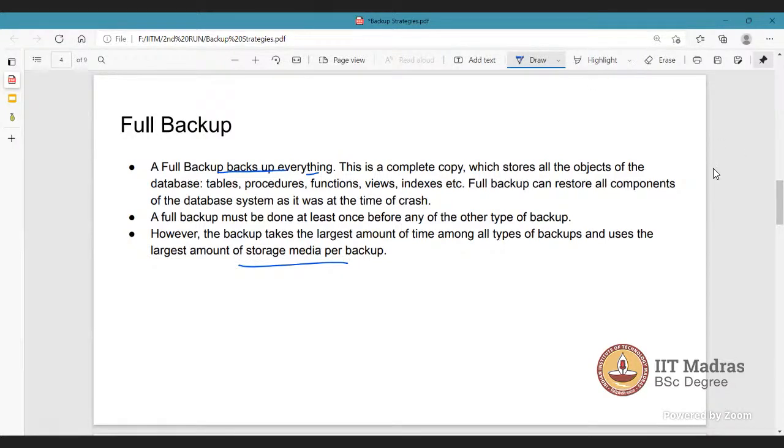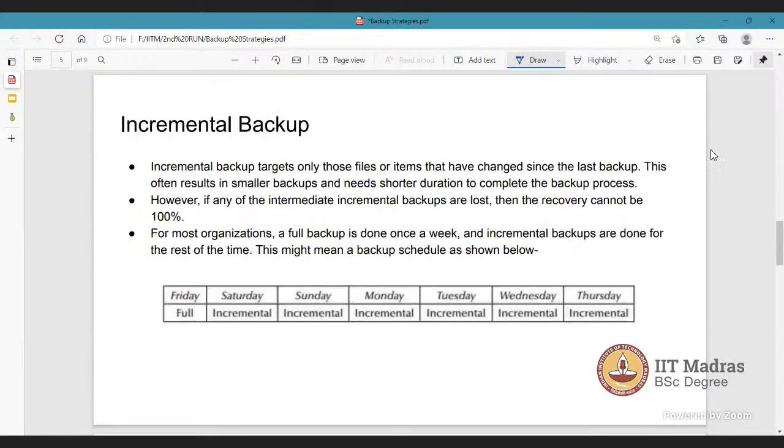Because of that, we have another backup strategy known as incremental backup. An incremental backup backs up those files that have changed since the last backup. It might be an incremental backup or a full backup. So say, for example, we have performed a full backup, and after that we are performing an incremental backup.